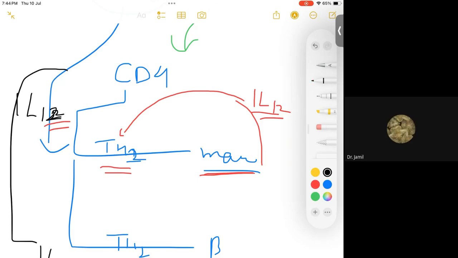Yes, expansion of colonies only. So what TH1 is going to do is release something called interferon gamma, right? Interferon gamma is going to act again on macrophages, again causing dumping of IL-12. So a vicious cycle is going to begin, right?